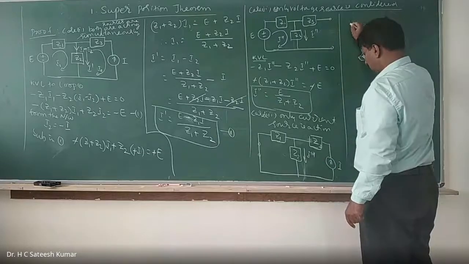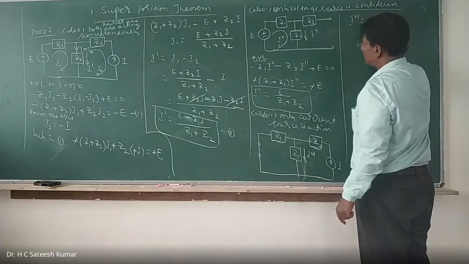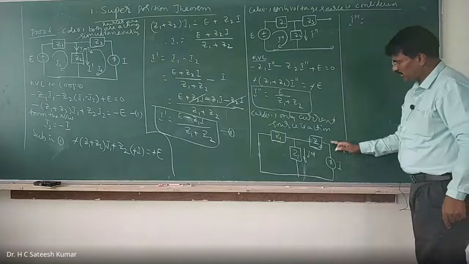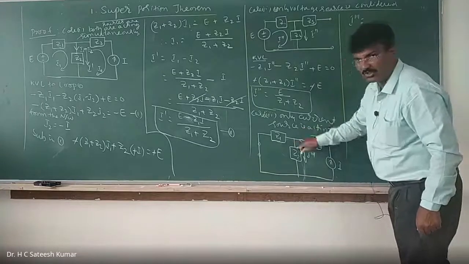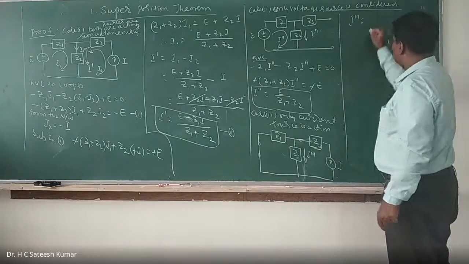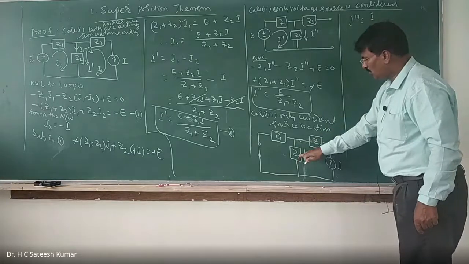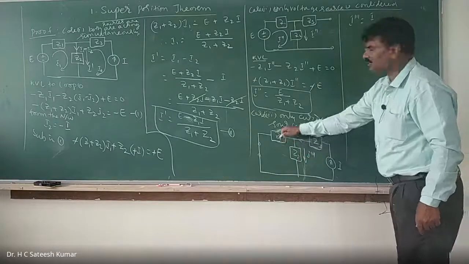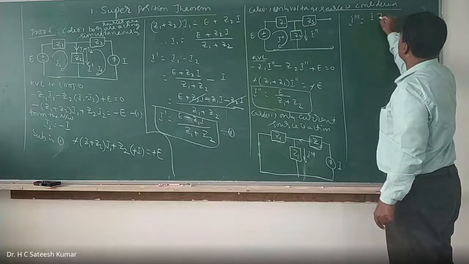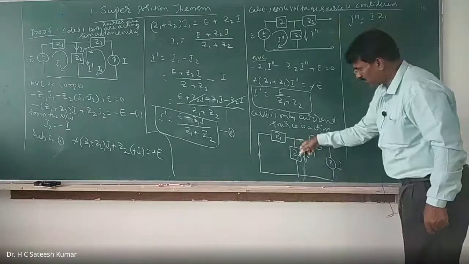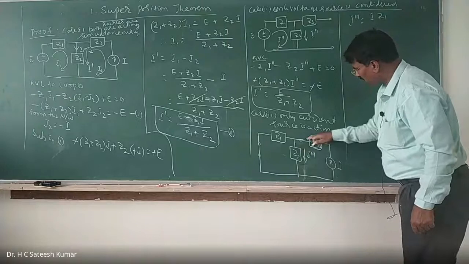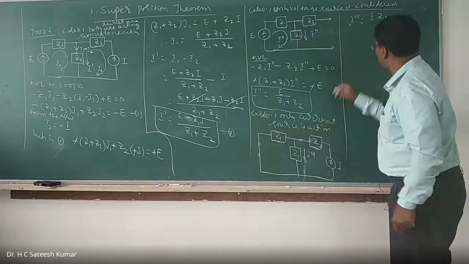We can write I triple dash by the current divide rule. Whatever current comes here is split here. I want to calculate the current in this branch: total current I into the resistance in the other branch, Z1, divided by the total resistance.